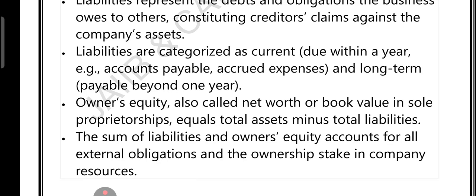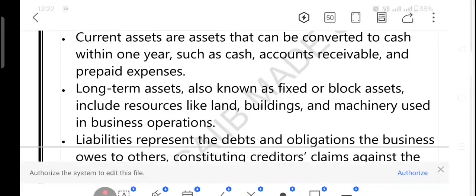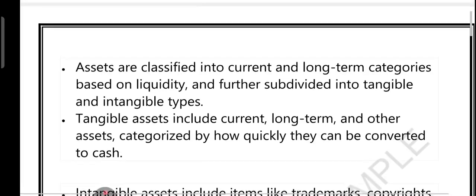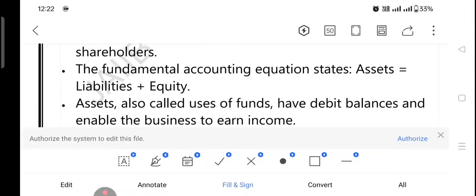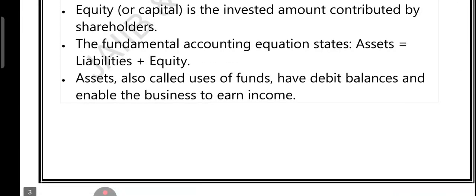And there is an equation. The equation is that owner's equity is equal to asset minus liability. Very, very important. Let me summarize: asset is equal to liability plus equity, so this can also be written as owner's equity is equal to asset minus liability. I hope it is clear.